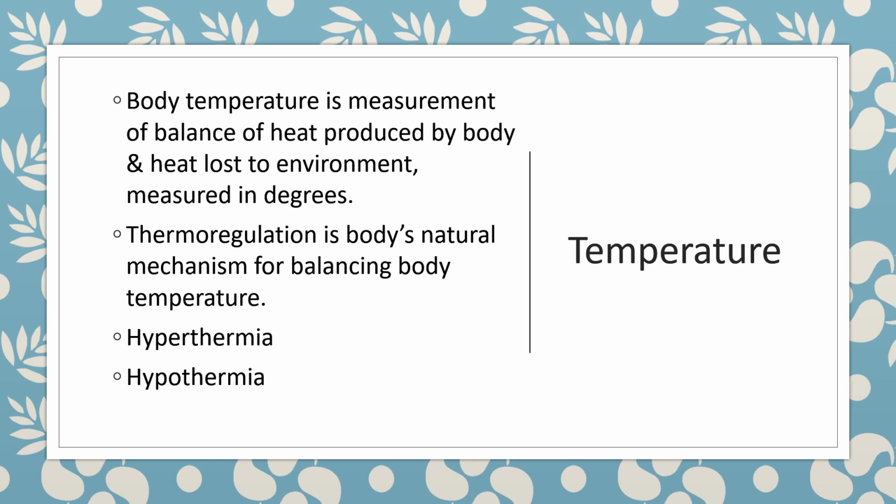Evaporation is the loss of heat through gases from the lungs or drying of the sweat. And the fourth and last way the body loses heat is through radiation. Radiation is the loss of heat due to indirect contact with or being close to a cooler surface.